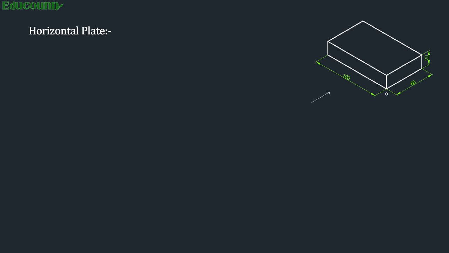According to this position, we have to identify which side view is to be drawn in this particular problem. Now what are the maximum dimensions of this plate? The length of the object which is observed in the front view is 100, height is 20 and width given is 60. You can easily identify. Now according to the arrow shown, the arrow will indicate front view and here RHS view is required. You have to draw right hand side view.